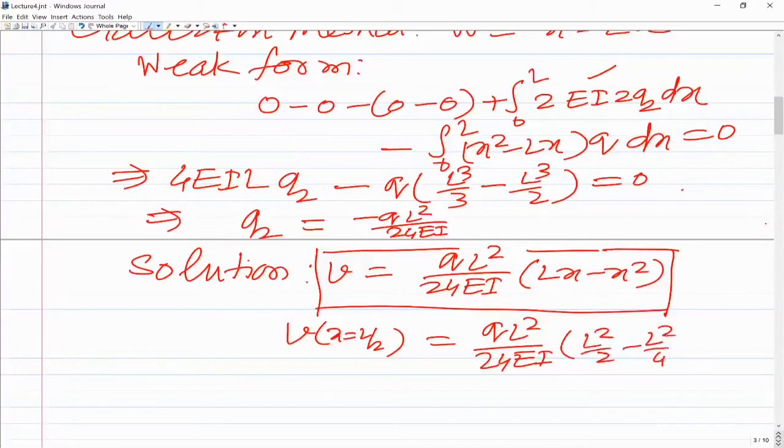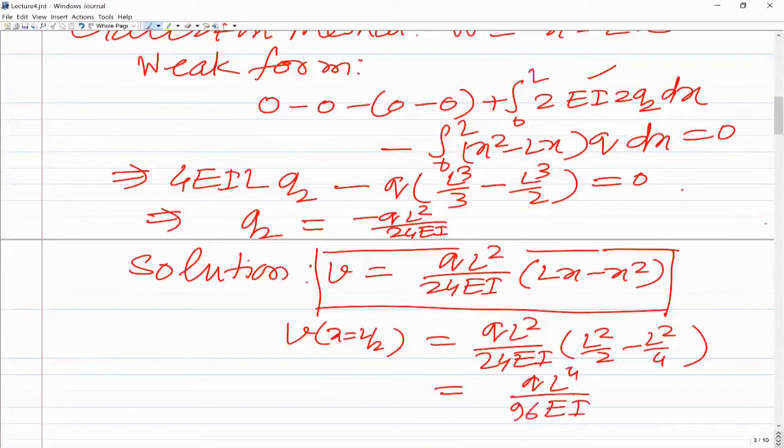So this becomes 2L square minus L square, so L square by 4. We will have ql to the power 4 upon 96 EI. So this is the value of deflection at the center.